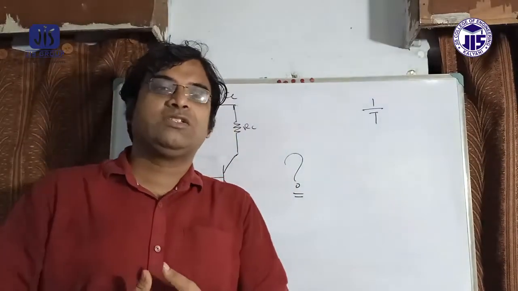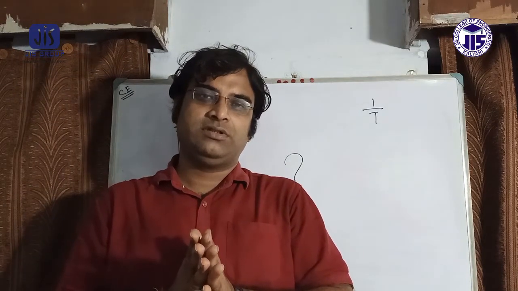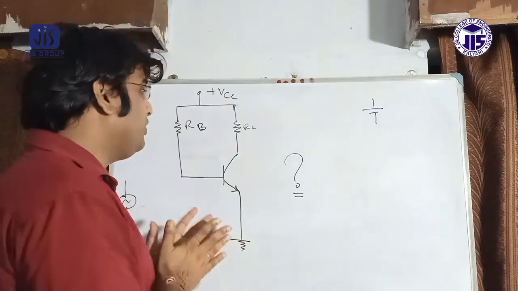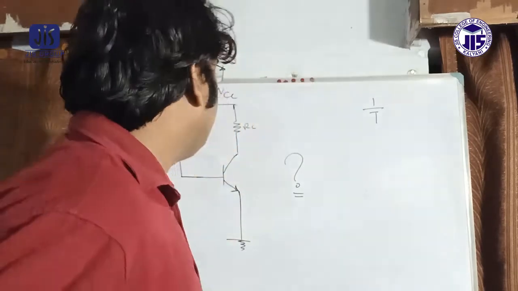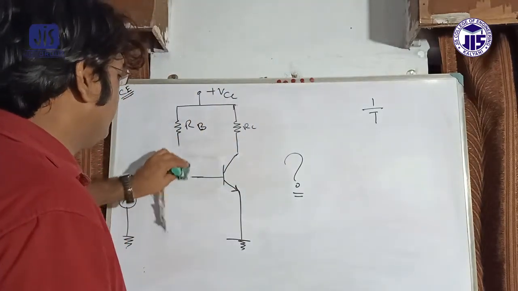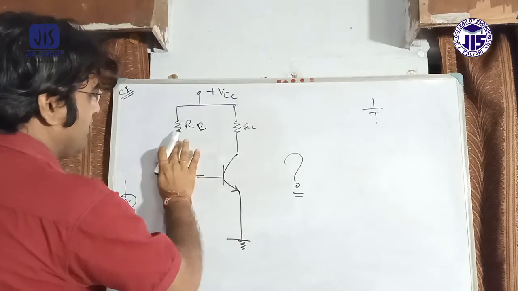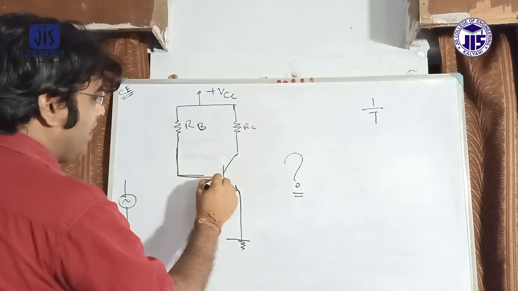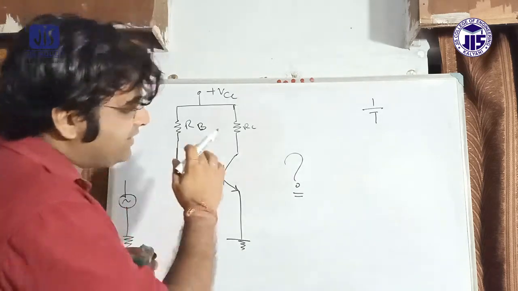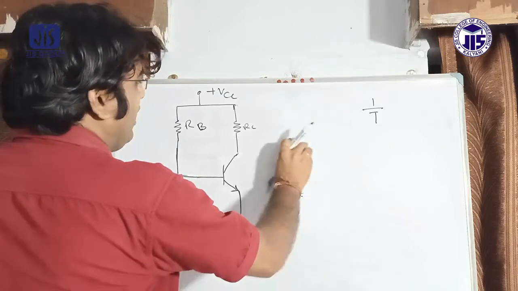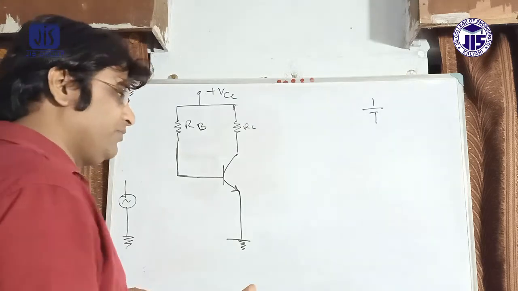In the previous video we already understood how a configuration circuit is represented by a source. Now, for amplification, an AC signal is represented by a bulb whose intensity is increased, so it will act as an amplifier.